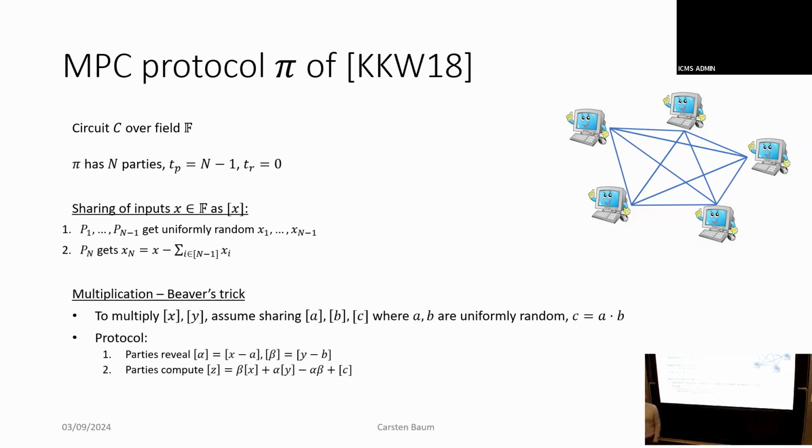Why is this fine? Well, A and B were chosen uniformly at random. So if we later reconstruct these, the verifier is going to see these. But we subtract something uniformly random from something that is secret, so one-time pad security. You can easily simulate that.